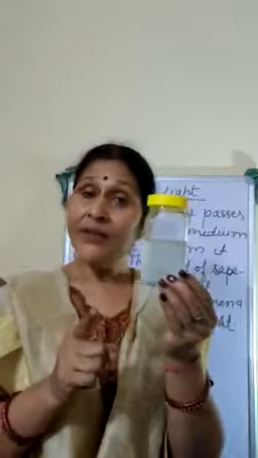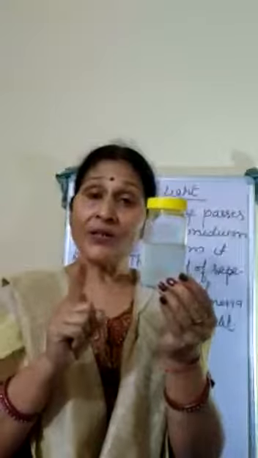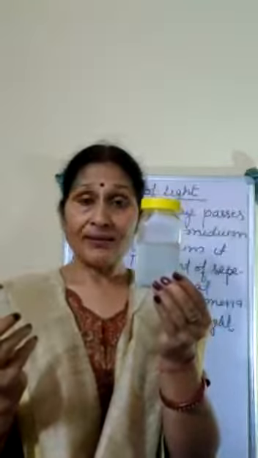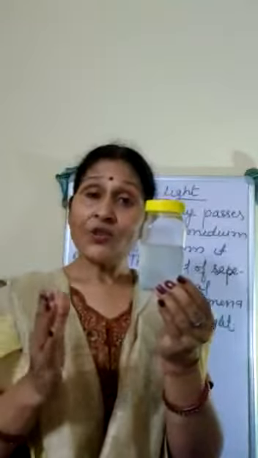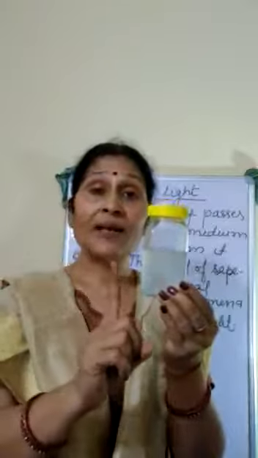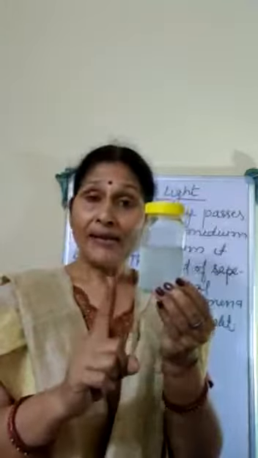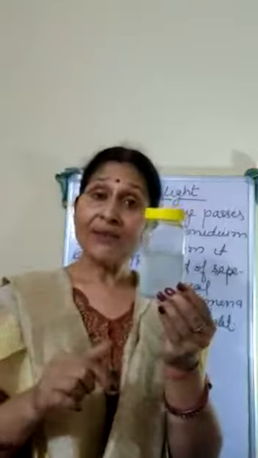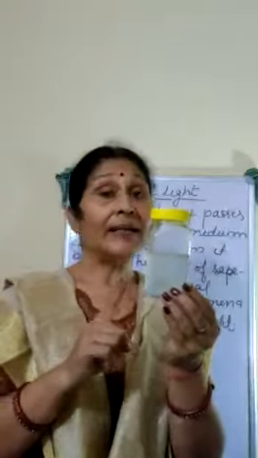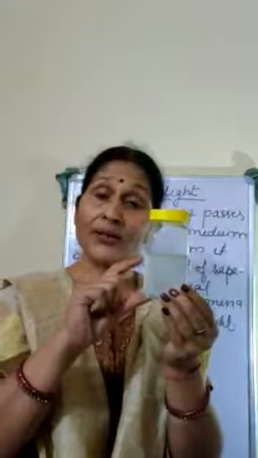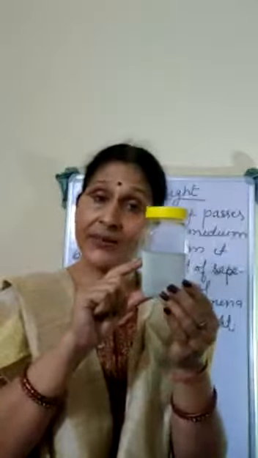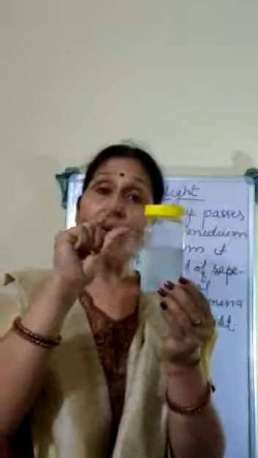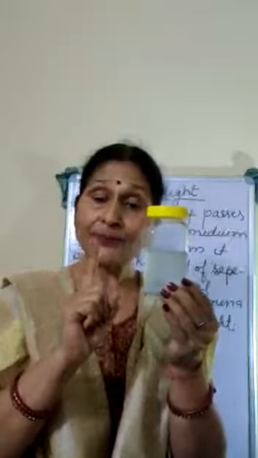The medium in which the speed of light is faster is called optically rarer medium. And where the speed of light is slower, that medium is called optically denser medium. Here water is optically denser medium and air is optically rarer medium.